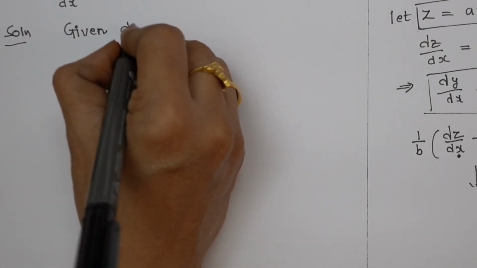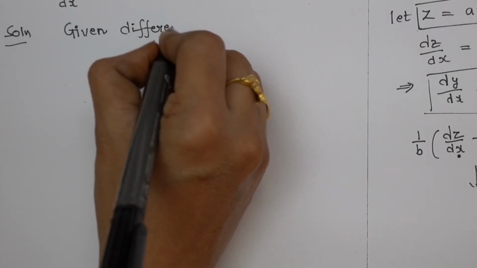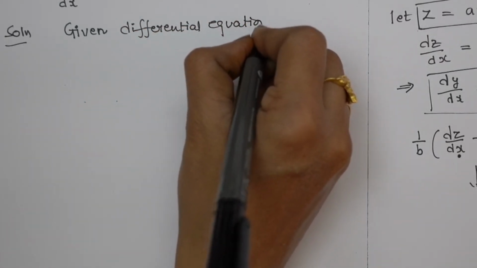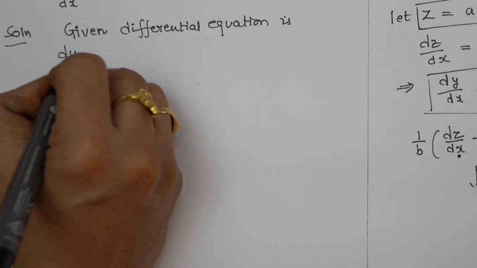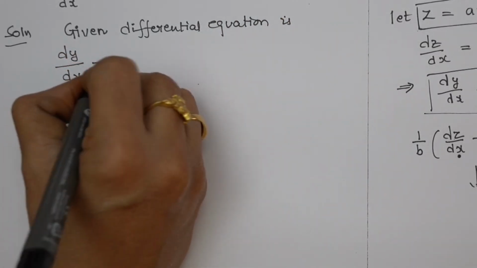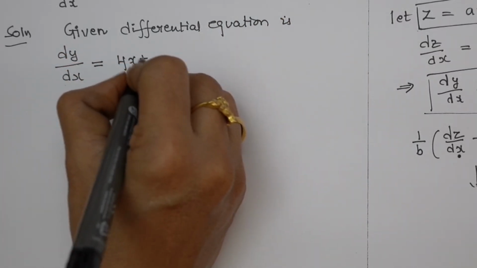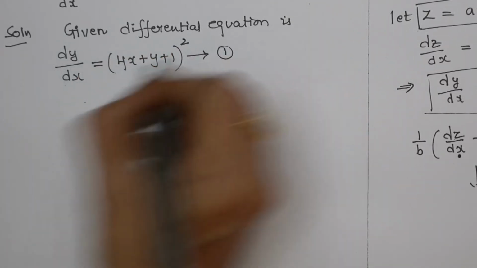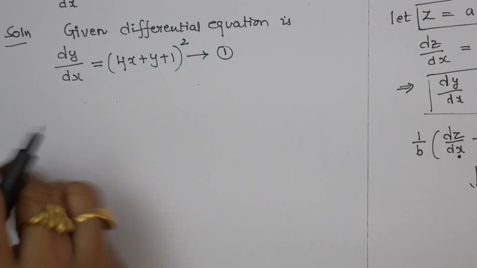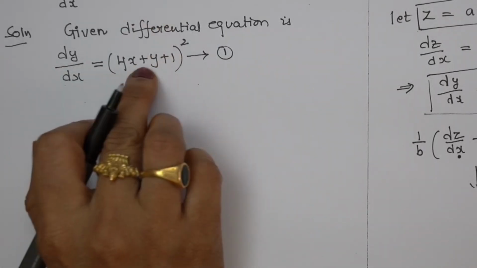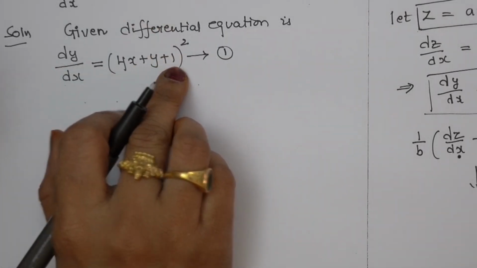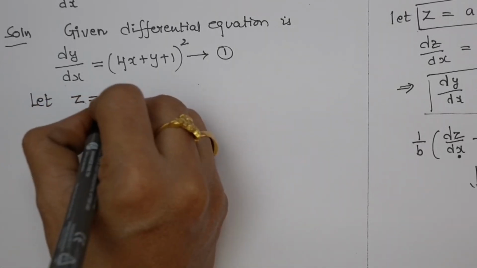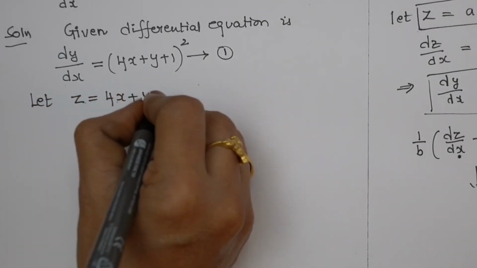Given differential equation is dy by dx equal to 4x plus y plus 1 whole square. Let it be equation 1. Now I assume this 4x plus y plus 1 as z, a new variable. That is, z equal to 4x plus y plus 1.